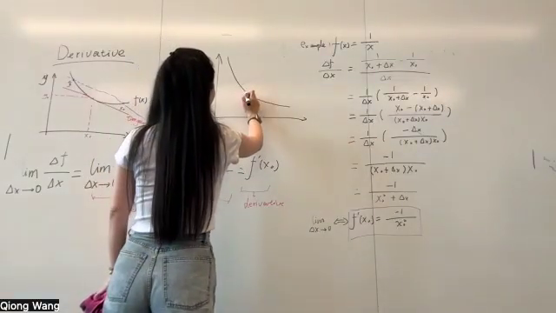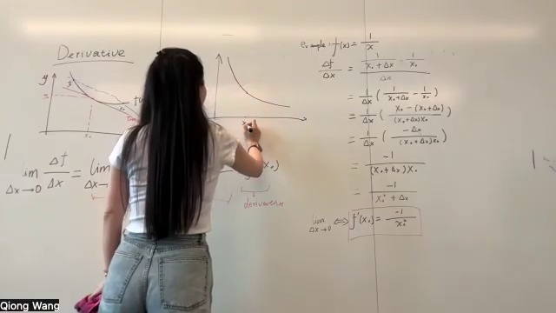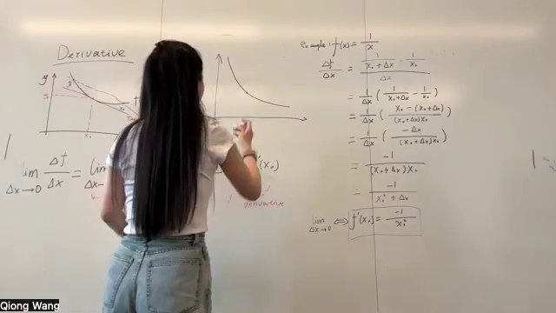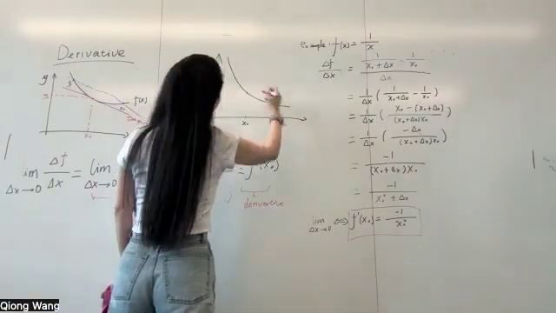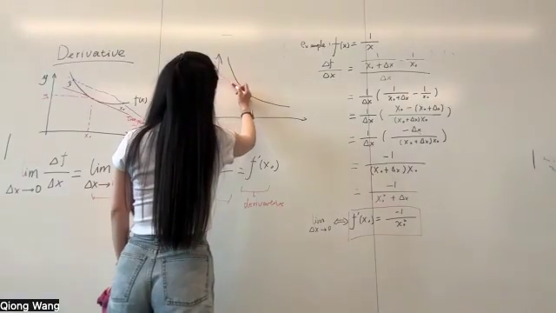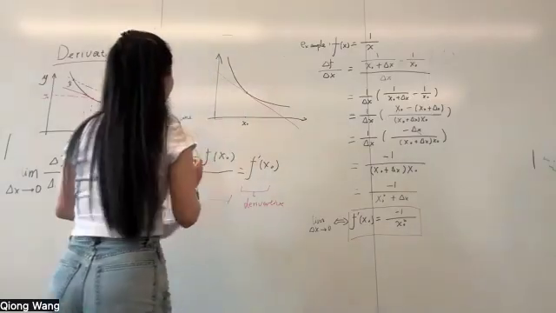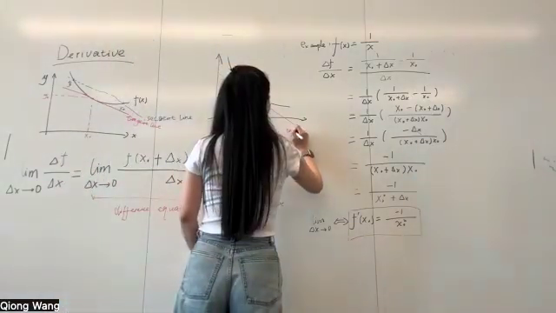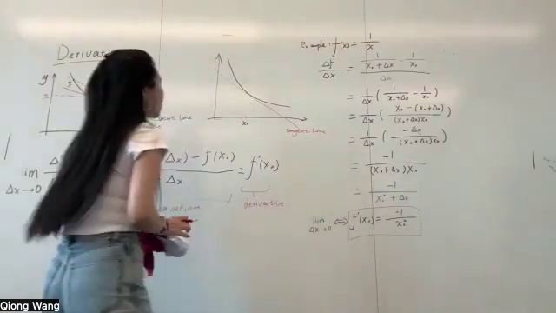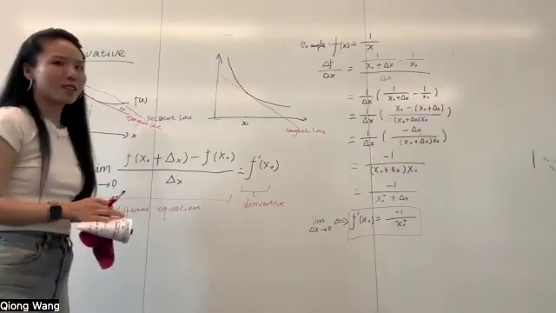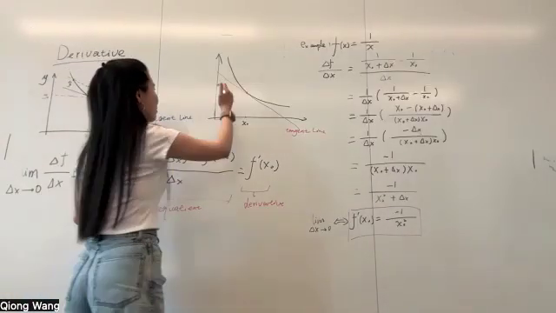And maybe the x1 there. This is x0, and our tangent line is like this. So one question is, what's the area? What's the number of this area?